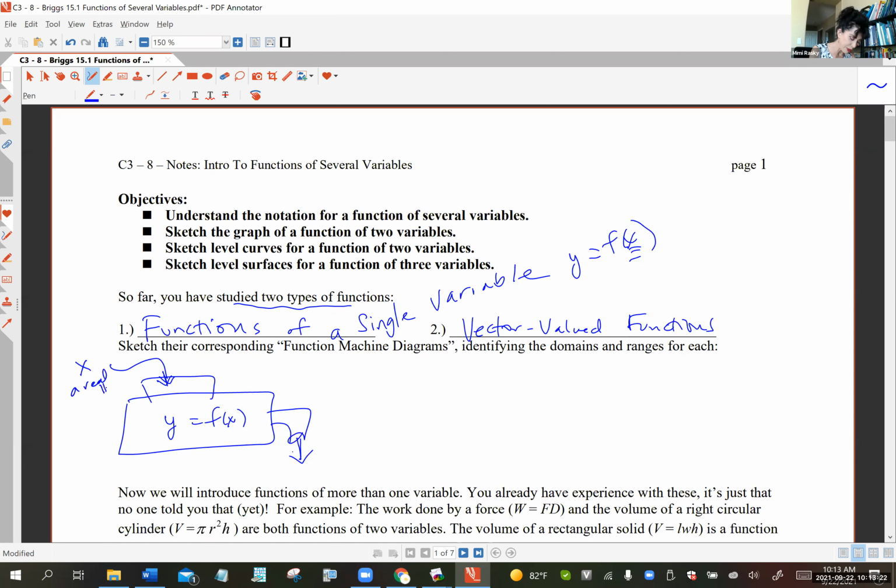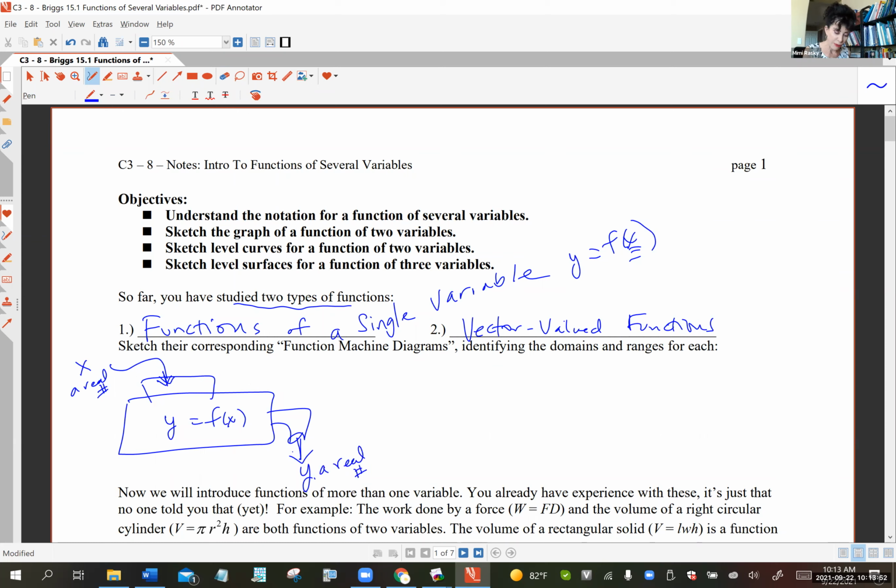So you feed it a real number x, and after it eats it, it poops out what? Does it poop out a point, a real number, or a vector? It's a real number. That's y. Good. So you feed it a real number, and the range is real numbers.